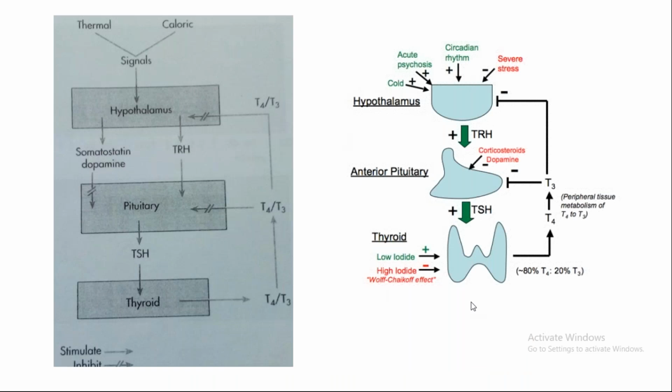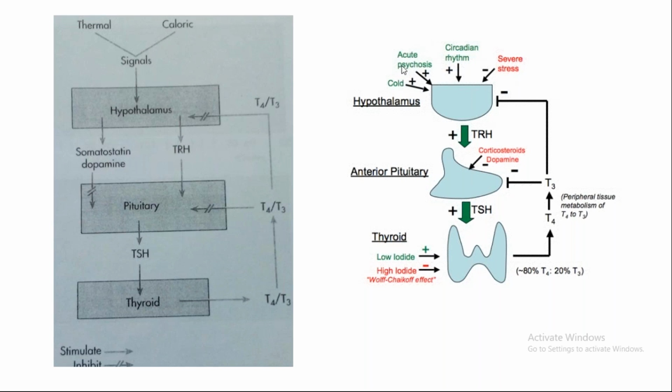This is the feedback mechanism of the thyroid hormone, or regulation of the thyroid hormone. Here you can see there are various effects on the hypothalamus. The circadian rhythm is there, severe stress is there, acute psychosis and cold are there.